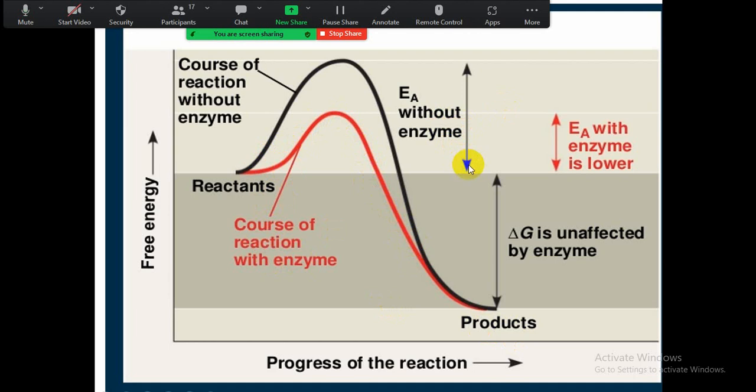So we can see that for the non-enzyme catalyzed reaction, this is the energy change or energy of activation. Then for the enzyme catalyzed reaction, this is what? The energy of activation. Of these two energies, which one is bigger?